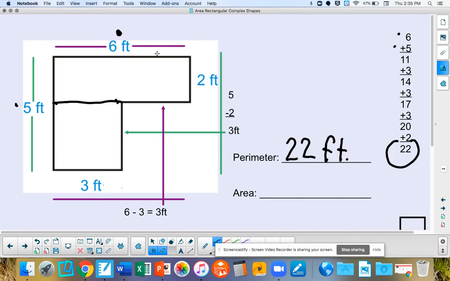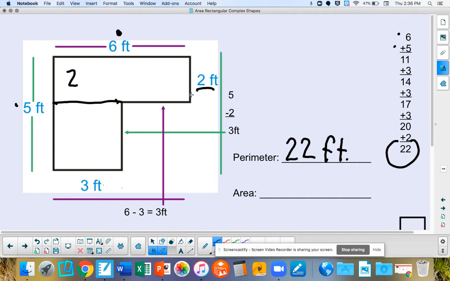Now, if I walk around this top shape, I am seeing that there's a 5, a 6, a 2, and the 3 feet. Only 2 of these numbers are the full lines. Notice right here is a full side, and that amount is 2 feet. So we are going to be using the 2.